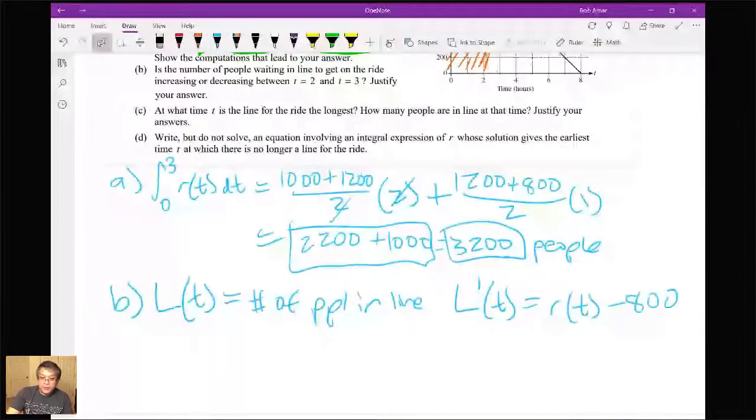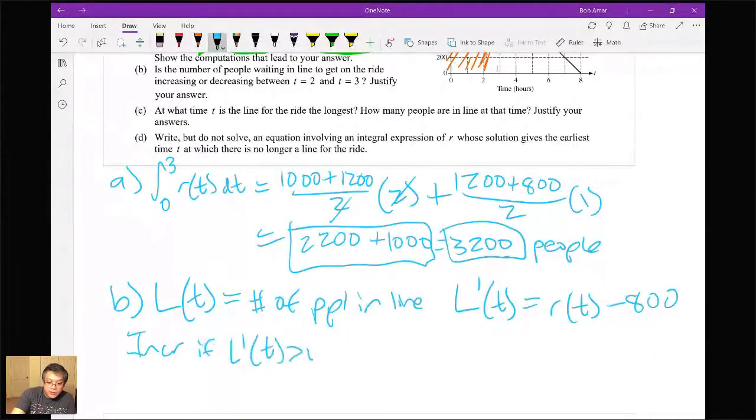Is the number of people waiting in line increasing or decreasing between t of 2 and t of 3? So this is increasing if L prime of t is bigger than 0. R prime of 2 is equal to 1200, and R prime of 3 is equal to 800.